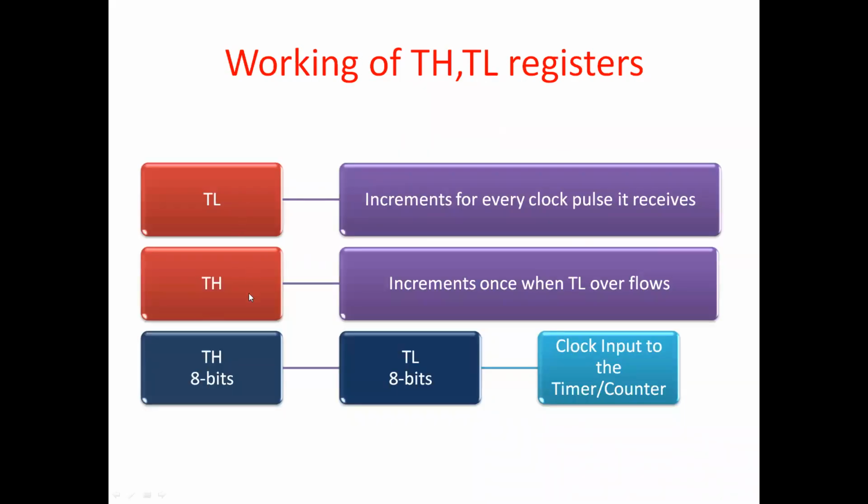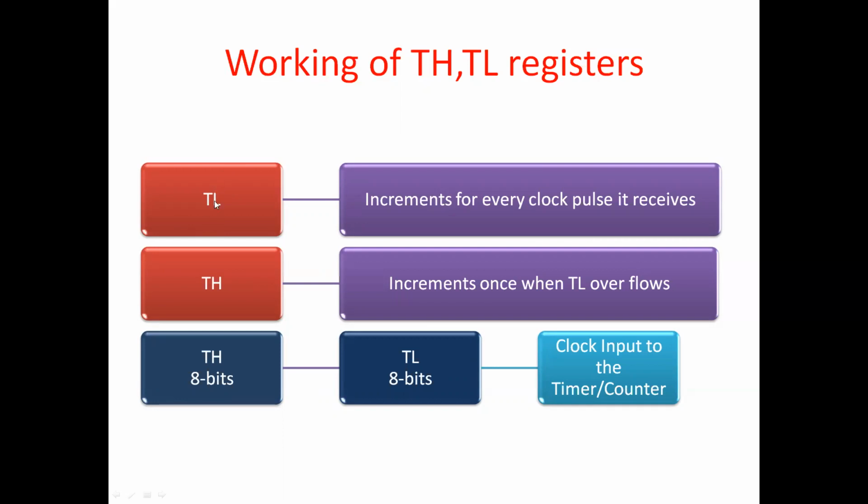TH and TL, as we already said, are incremented for every clock pulse received. First, the TL register is incremented from 8 bits of zeros to 8 bits of ones. For the next clock pulse, it starts again from 0 and TH is incremented. And once TL overflows again, TH is incremented again.